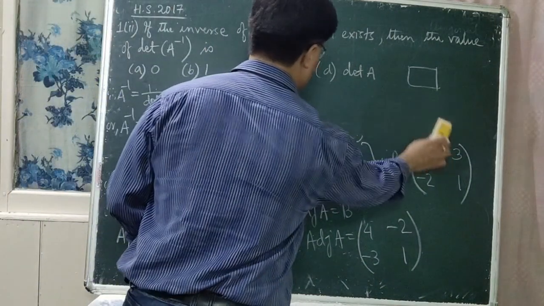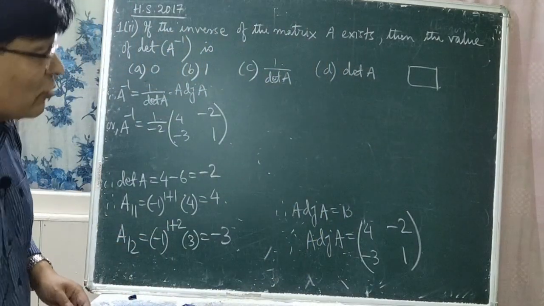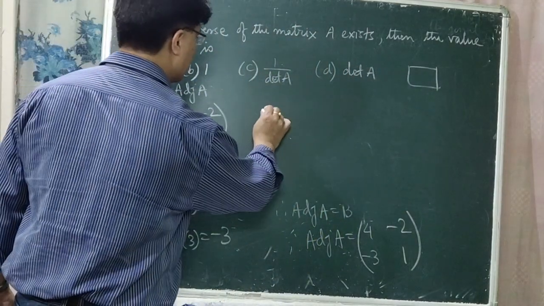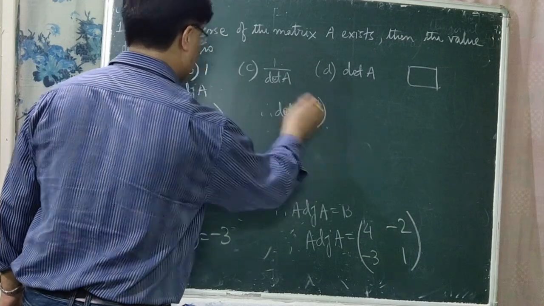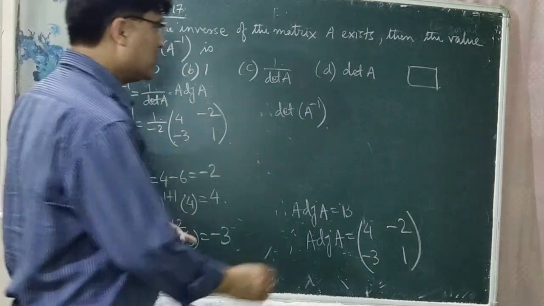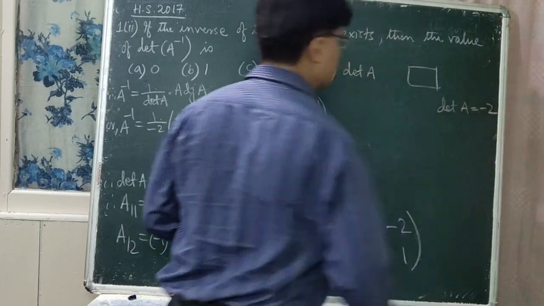Now we have to calculate the determinant of A inverse. Here delta is -2, so let us write it in the rough part. Delta is equal to -2, right?